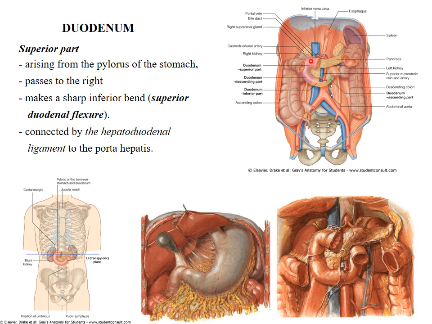The superior part is intraperitoneal, and it is connected by the hepatoduodenal ligament to the porta hepatis. Hepatoduodenal ligament is part of the lesser omentum.